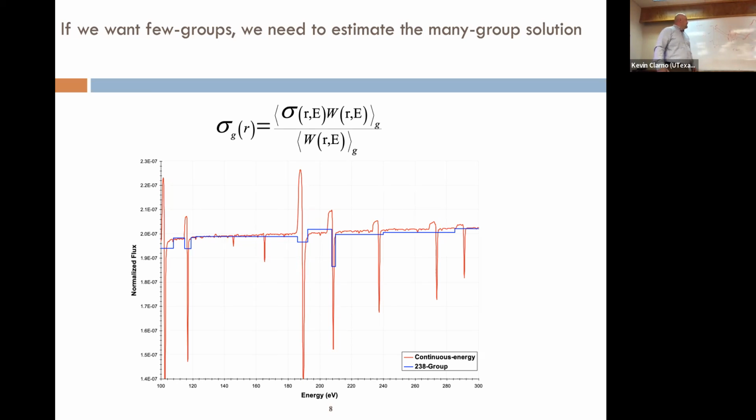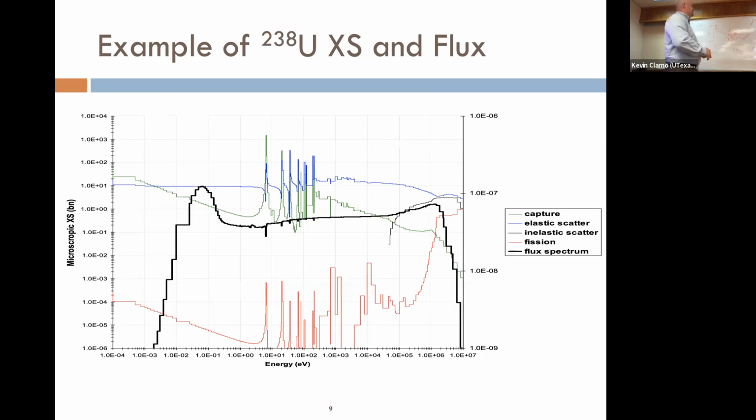All right. So what we'd like to have is some estimate for what the continuous energy flux would be in order to get a good weighting function to create an average for a number of groups.